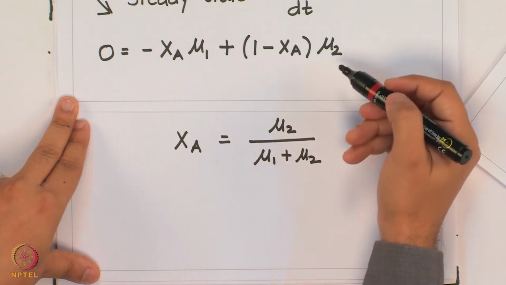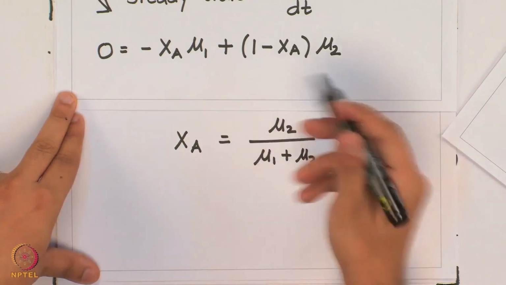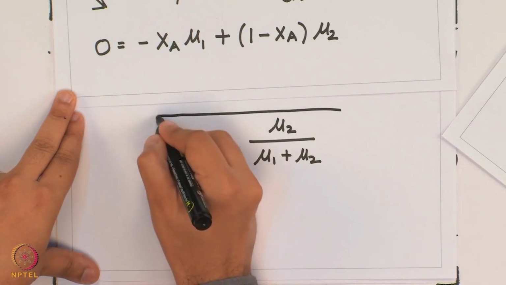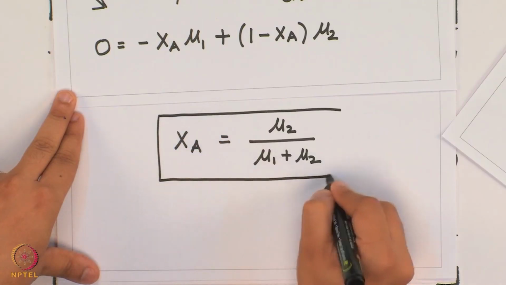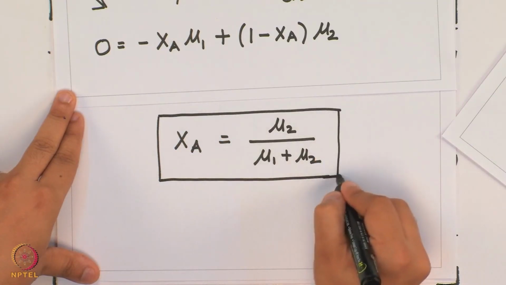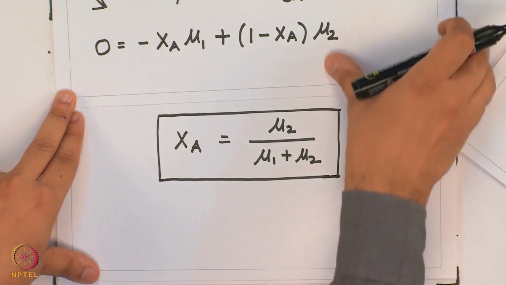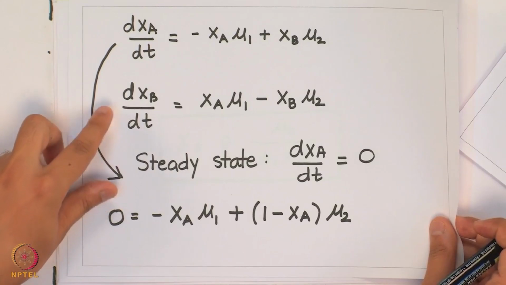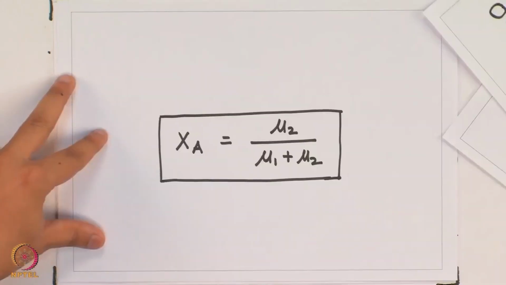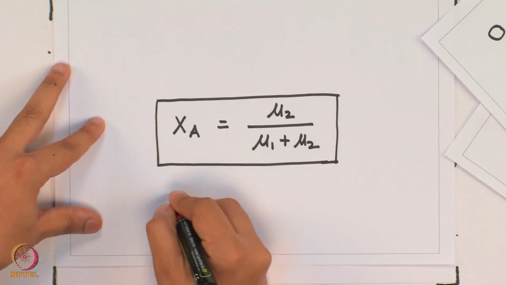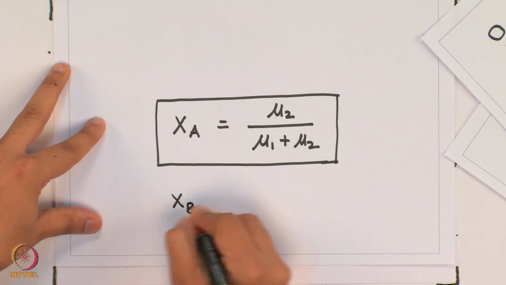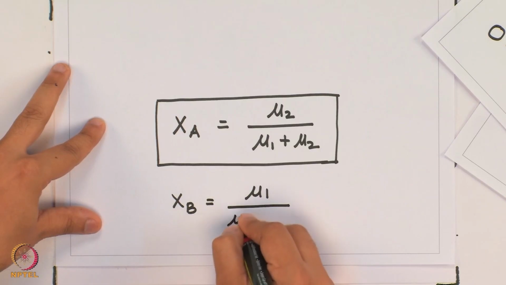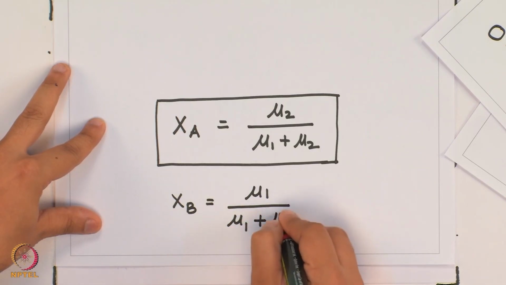You can simplify this relationship to arrive at this, that is just simple manipulation, and that is the steady state fraction of the population which belongs to genotype A. Similarly, you can work with the second equation, dxb by dt, and analyze its steady state. What that will take you to is xb is equal to mu 1 divided by mu 1 plus mu 2.